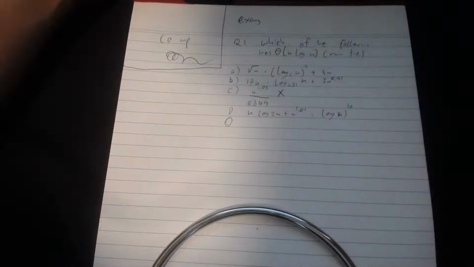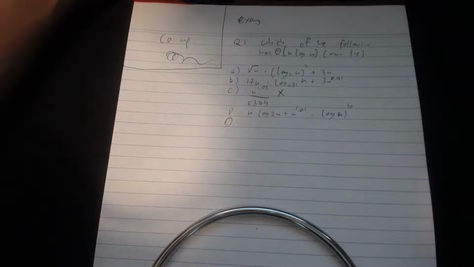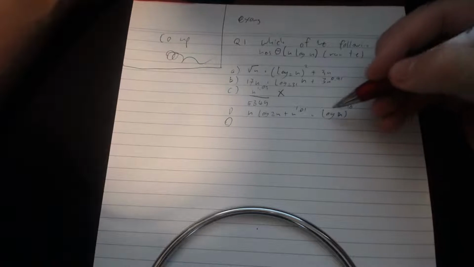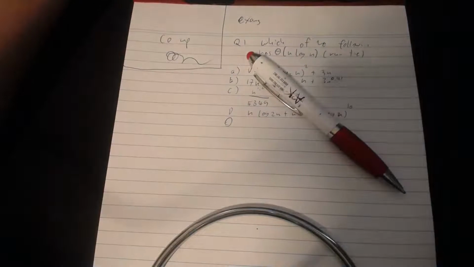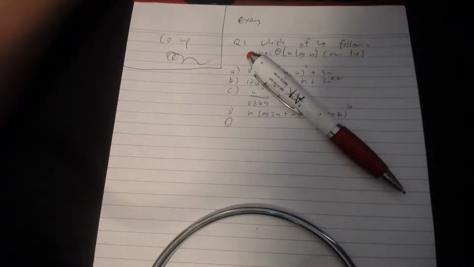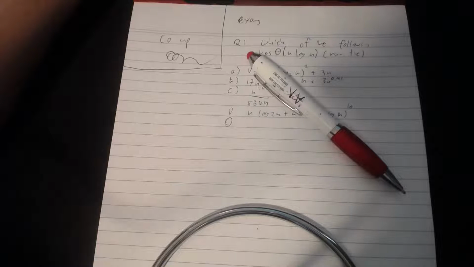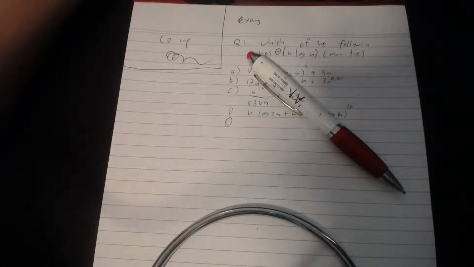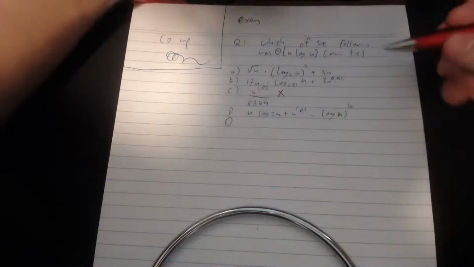It's clearly not C, because that doesn't even have a log n at all. For log n to the 10th, if we look up our log laws, I'm pretty confident it doesn't do anything. I don't think you raise a power of a log to something. It's just log times log times log, so it's not very exciting.